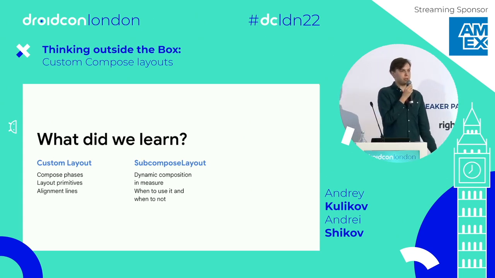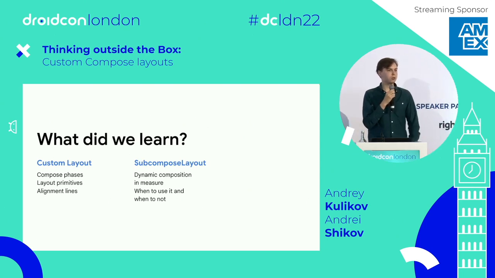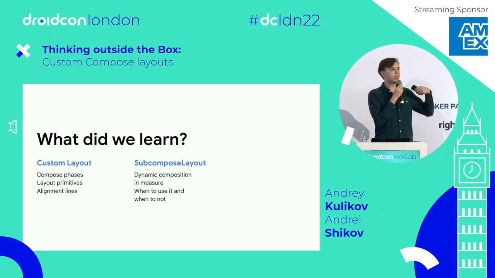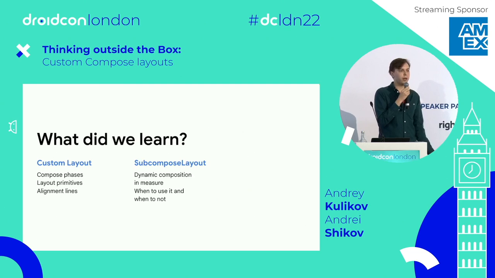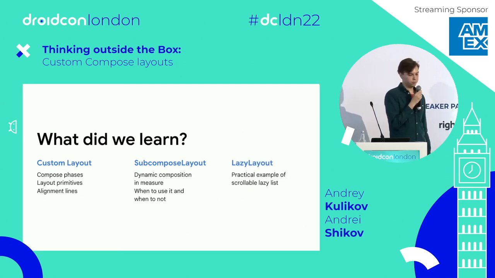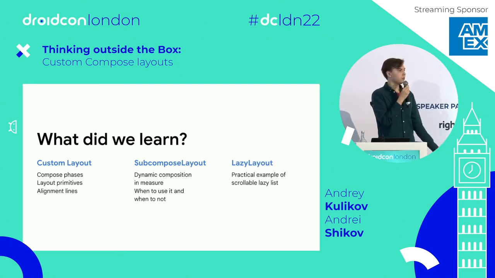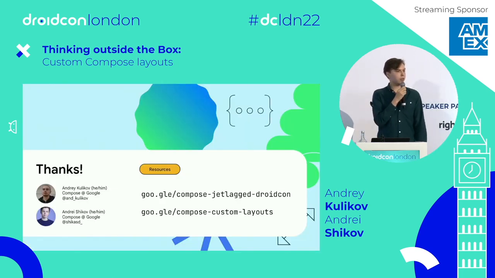Then we went through SubcomposeLayout, briefly covering what dynamic composition is and why it's important for the layout system in Compose, and also the use cases when we shouldn't use it, and then a use case when it is useful. And the last thing, we built our own lazy layout. And with that, that's it from us.